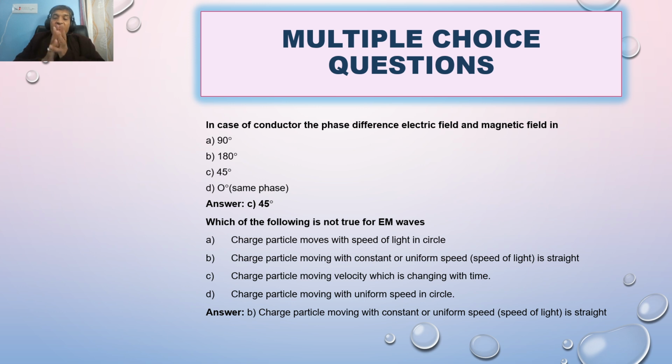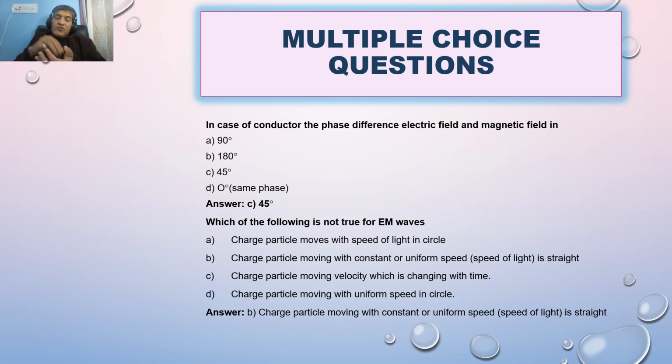So the right answer, which is not true, is that a charge particle moving with uniform speed or at rest is not in a position to produce electric or magnetic fields which are time dependent, which are oscillatory. The charge particle at rest or in uniform motion produces an electric field which is static in nature, or produces uniform current.